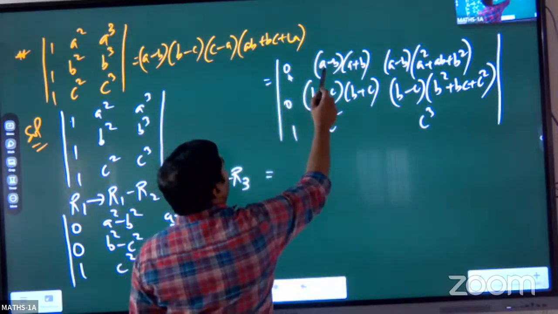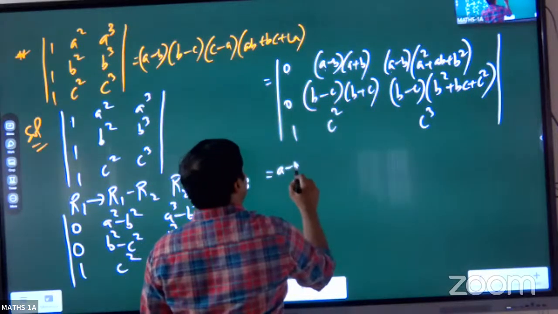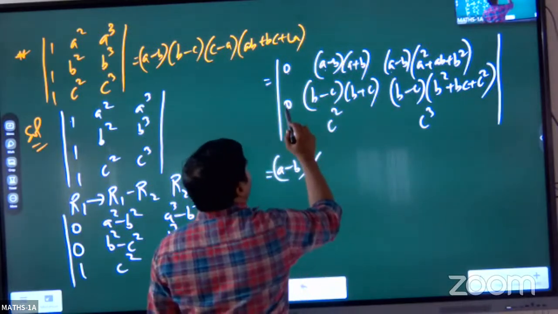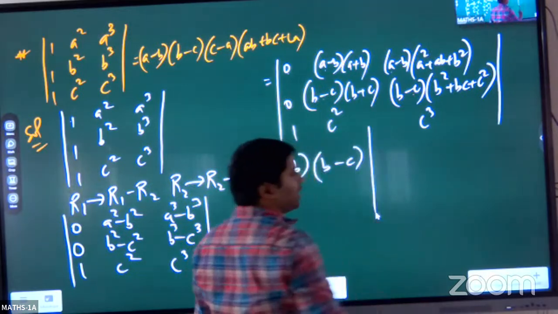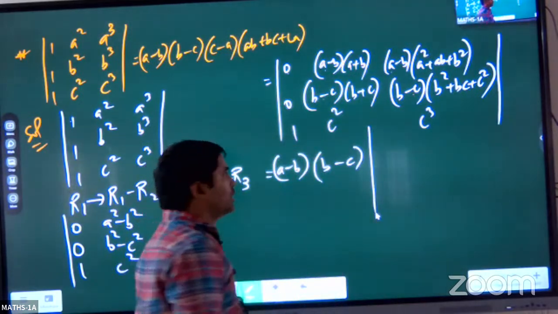Now, 0 into a minus b, a minus b, a minus b. Take a minus b common. 0 into b minus c, b minus c, b minus c. b minus c also I can take outside the determinant. Is it clear?